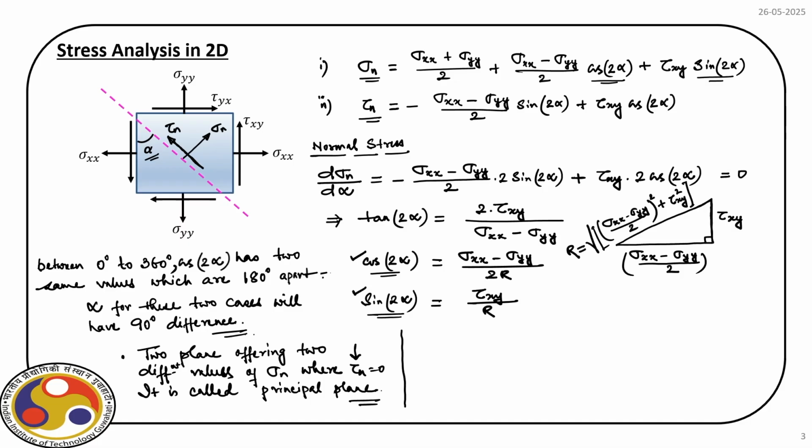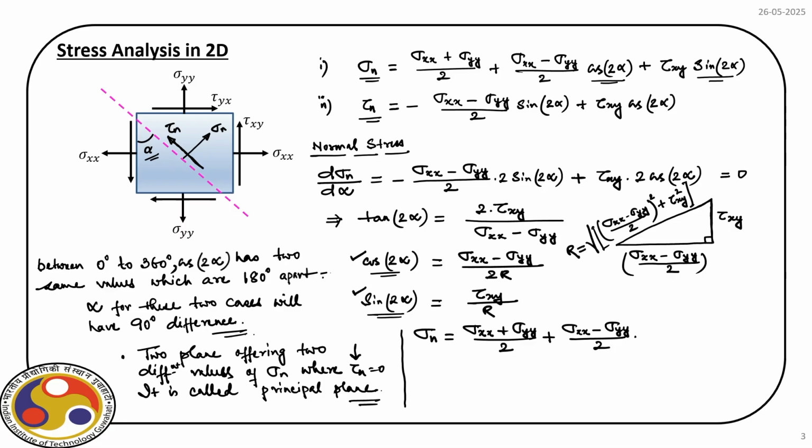Okay. So, what will be the value of sigma n? If we put this expression, we have sigma xx plus sigma yy by 2 plus sigma xx minus sigma yy by 2 cosine of 2 alpha.